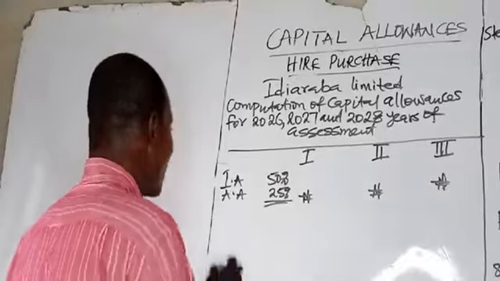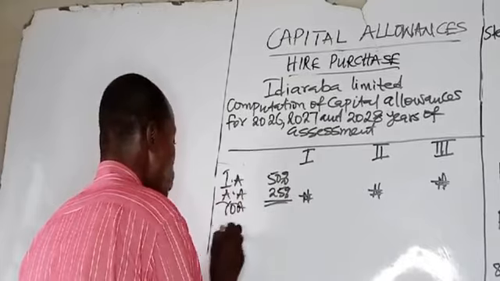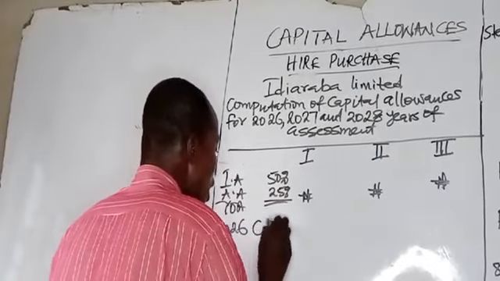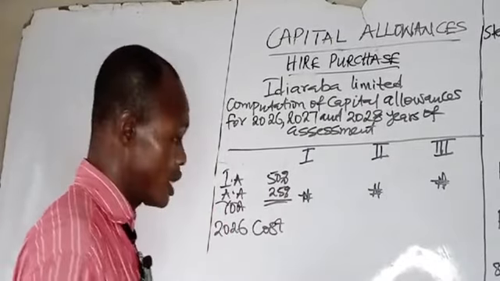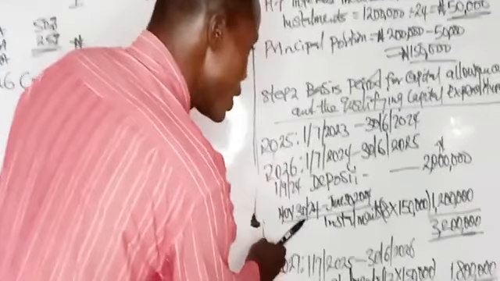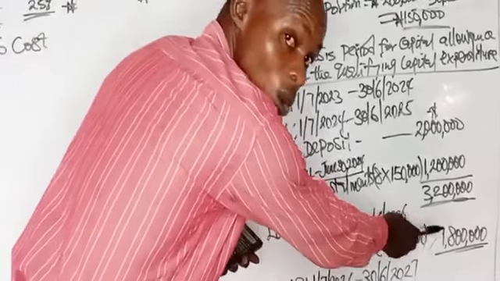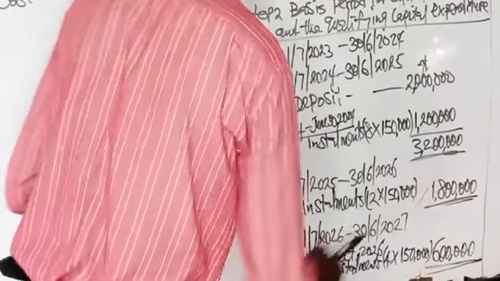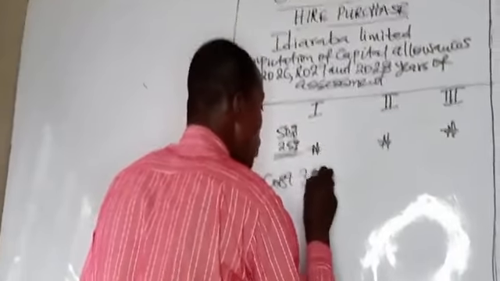Now, the first year of assessment is 2026. The cost that qualifies in 2026, back to our earlier solution, the qualifying capital expenditure is 3.2 million.